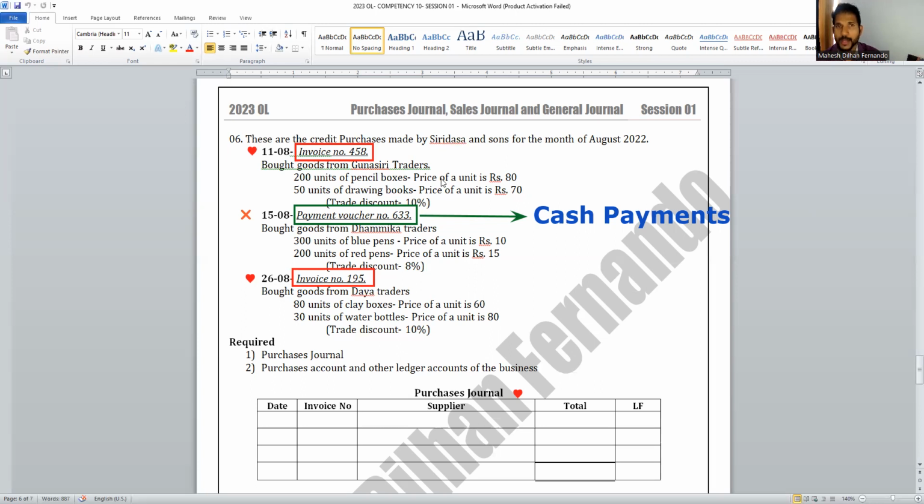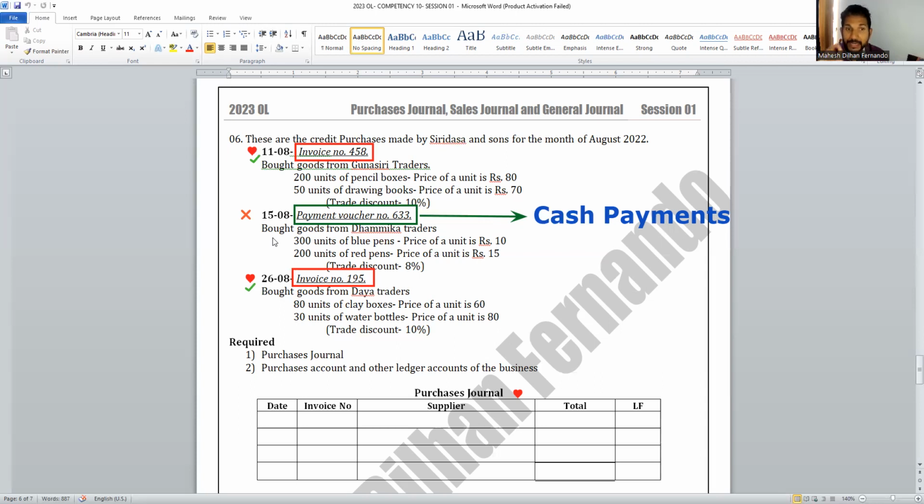please make sure that you have included only the transactions on 11th of August and 26th of August in the purchases journal. Why? Because 15th of August is a cash purchase. So listen to me very carefully.